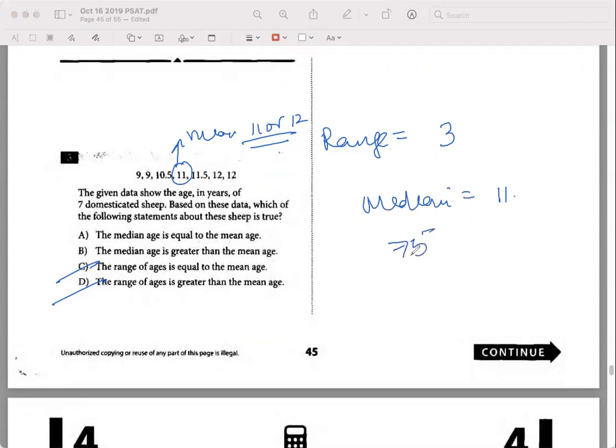So 75 divided by 7 is the mean, right? So that's 7 ones are 7, 0 and something, right? So the median is greater than the mean. So the right answer is option B.